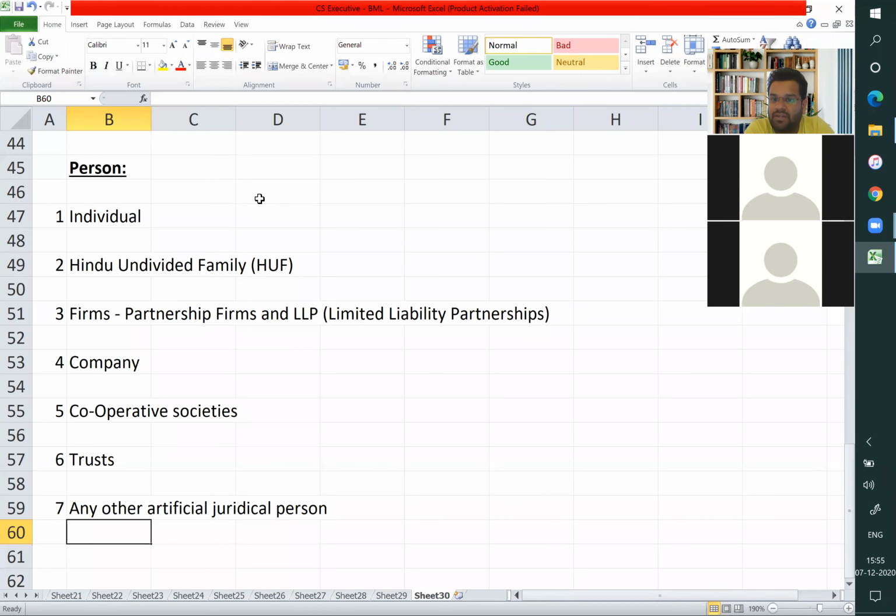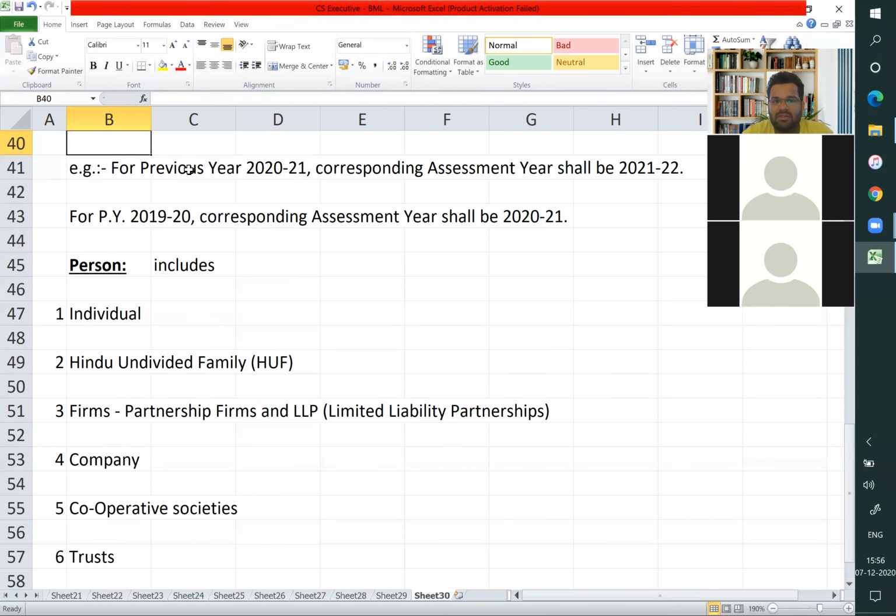So the definition of person is very inclusive. Inclusive means person includes all these categories. We cannot see anyone who will not be a person. Even a local authority will be a person. So that is how person is defined.